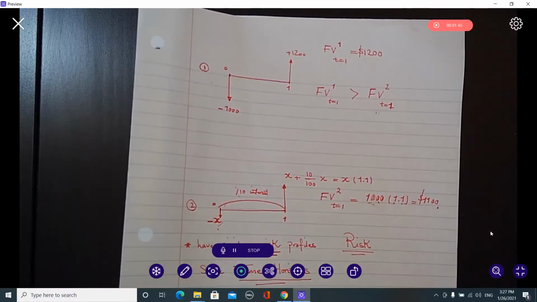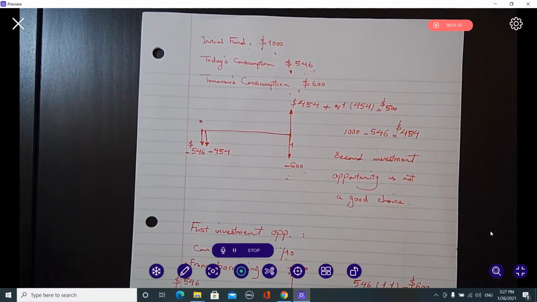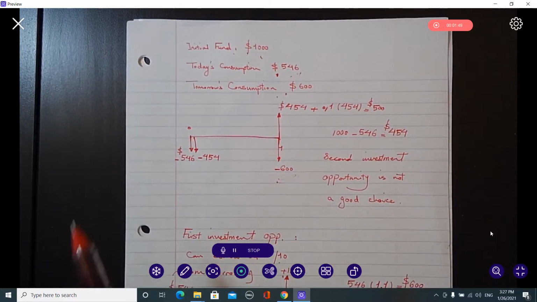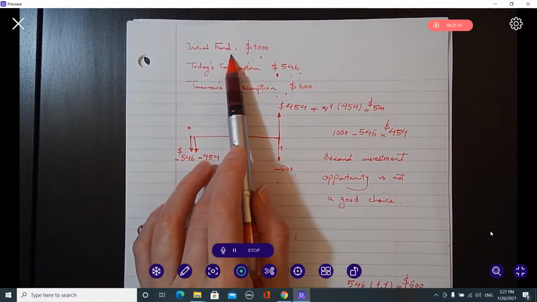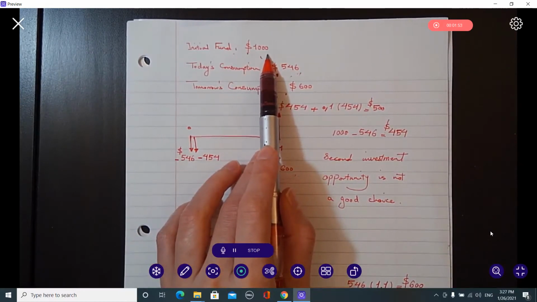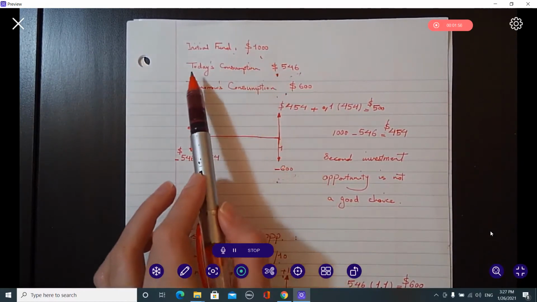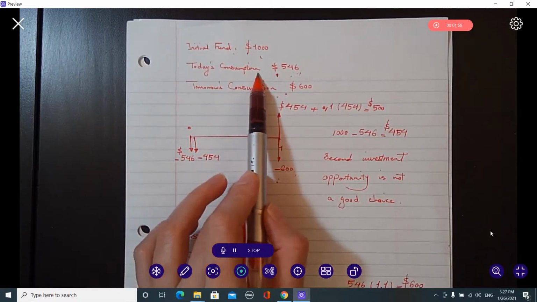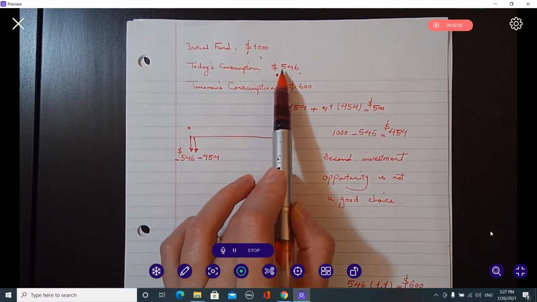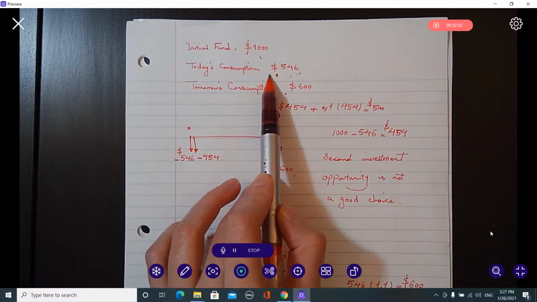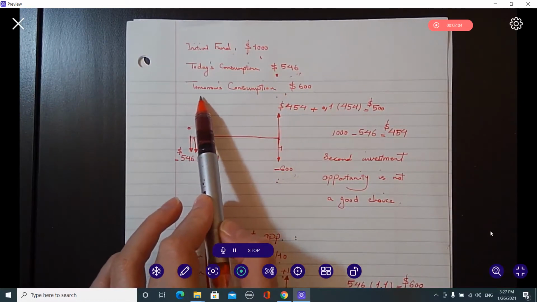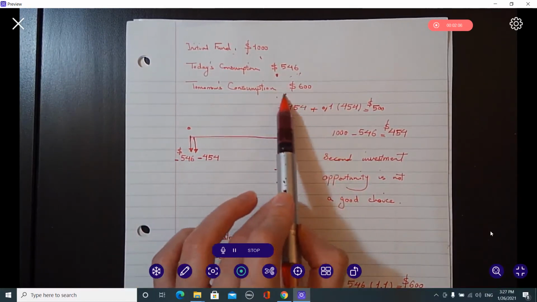Now, let's consider an individual that has an initial fund of $1,000 at time zero, but he has to pay for his consumption today, which is $546, and his consumption tomorrow is $600.